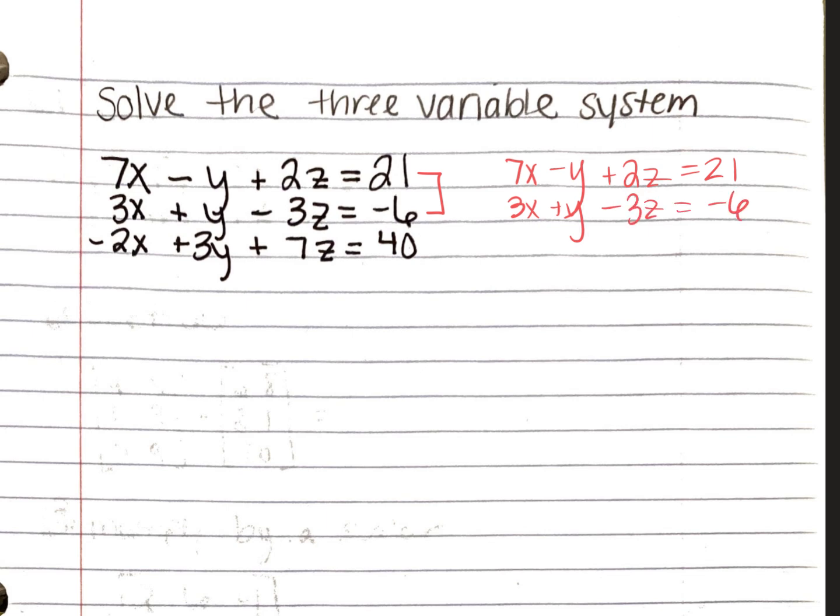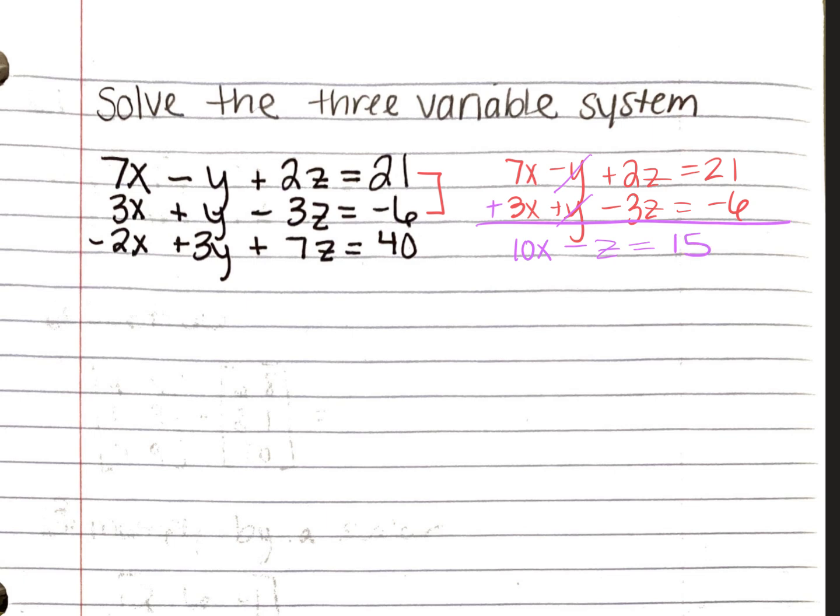Since the y's already have opposite signs in the same numbers or lack of numbers between them, I'm just going to go ahead and add these 2 together. So that's going to give me 10x. The y's cancel. 2 and negative 3 gives me a negative z equals 21 minus 6, which is 15.